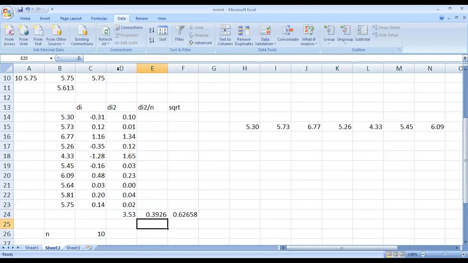So we'll get the value of sample standard deviation, that is 0.6265 or 0.6266. So we calculated both population standard deviation and sample standard deviation.